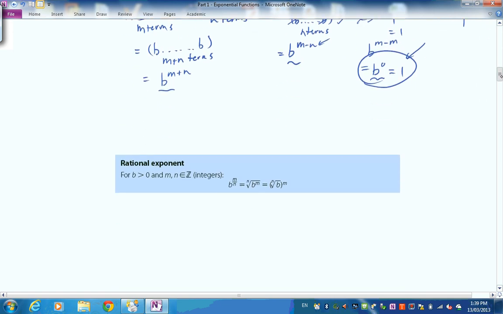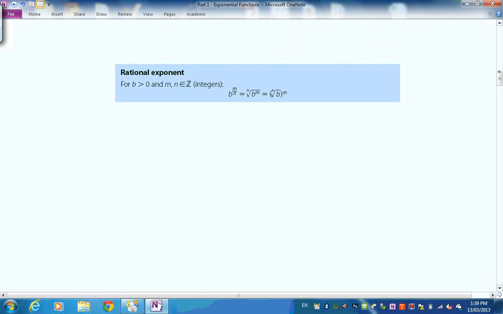Alright, coming down, of course, there's another type of power that emanates from applying our rules, and that is if you have a base which is positive and you have two numbers m and n that are integers, it's possible to define b to the m over n.